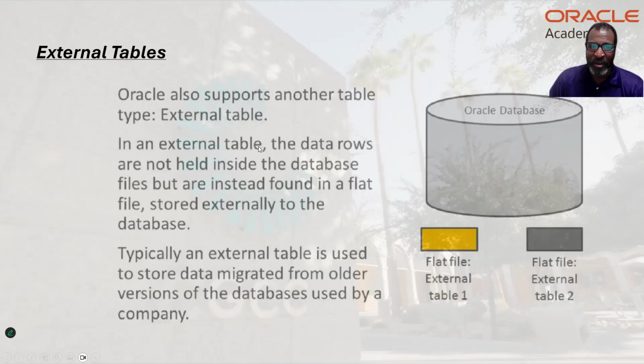Oracle supports another table type, and we'll call it external tables. So generally, and I'm going to summarize most of this, if you aren't aware of a flat file, they call it flat because it's basically a huge amount of text stored in a file that represents a table.